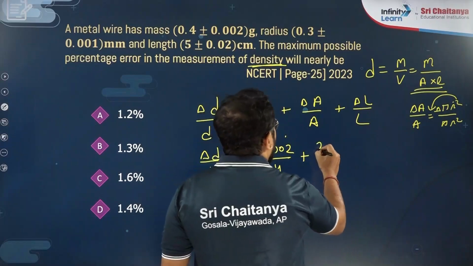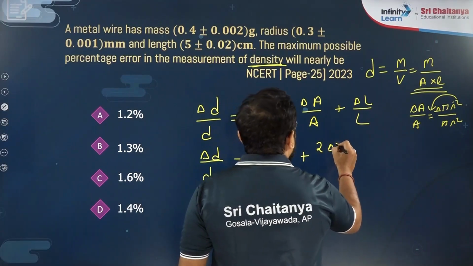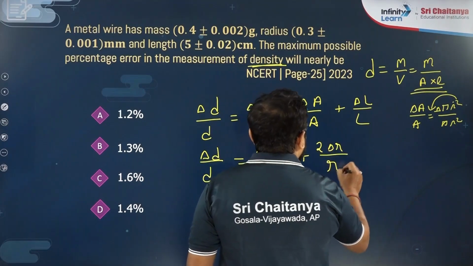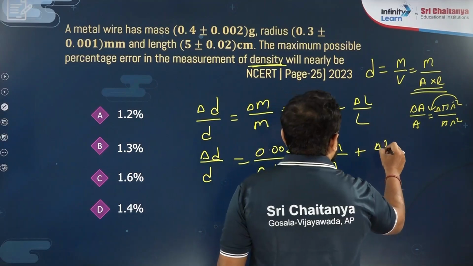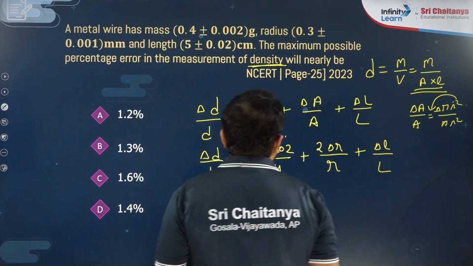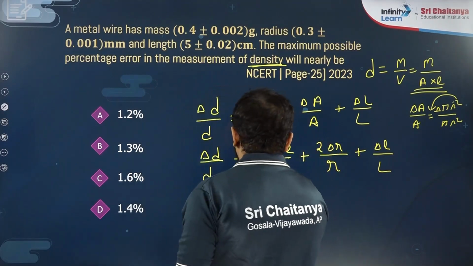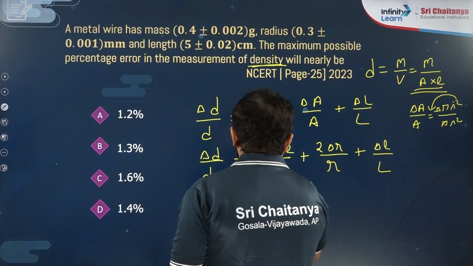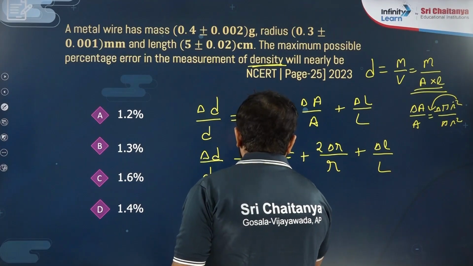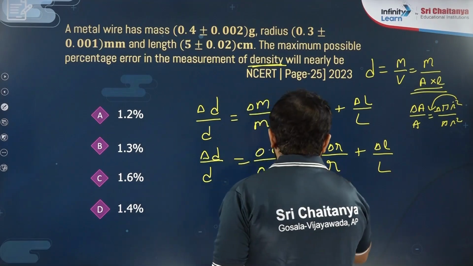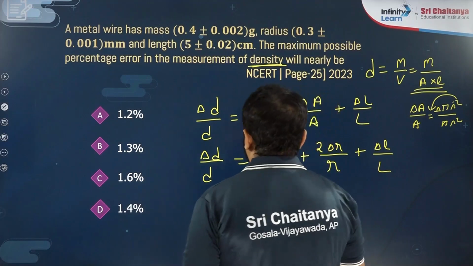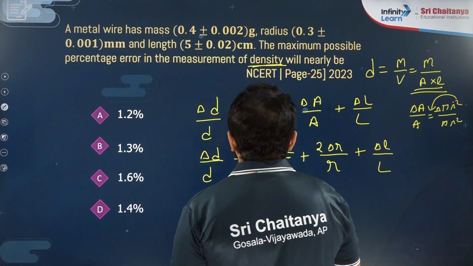So this will become 2 into delta R by R plus delta L by L. Now, what happened? 2.02 divided by 0.4. This will become what? Delta R. What is delta R?